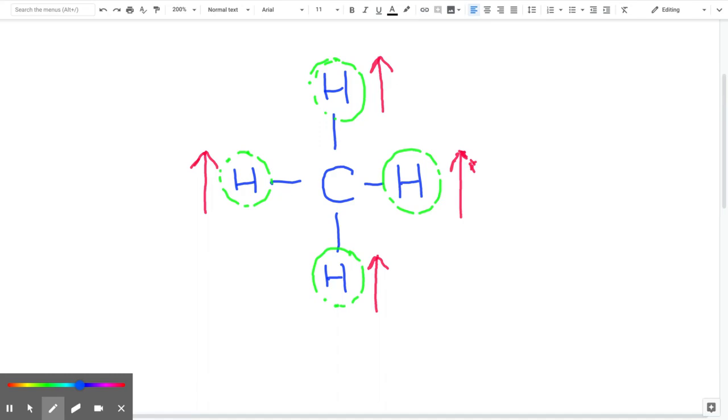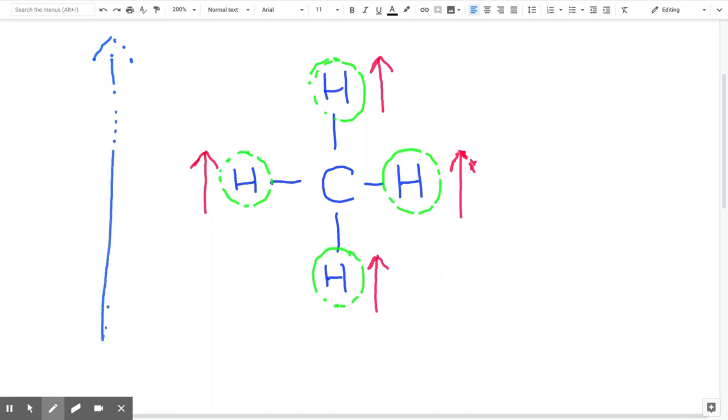However, if we were to put that molecule into a machine which also has a magnetic field, we'll call that B, the magnetic field, and each of these protons are all generating their own tiny little magnetic field, and for argument's sake, they're all in alignment with the external magnetic field.